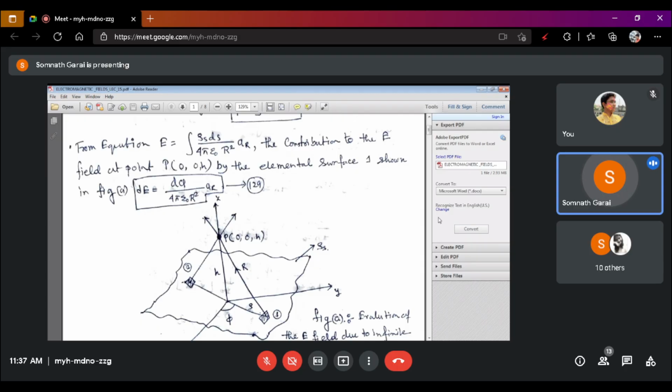Okay, now if we calculate the electric field intensity of the point P with respect to this differential area, then we integrate the area with the limit of x and y. Then we get the total charge or electric field intensity of the point P with respect to this plane which is situated in the x, y. Got my points?